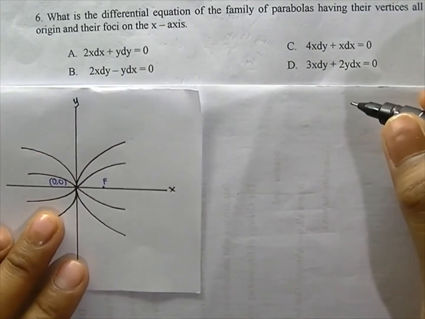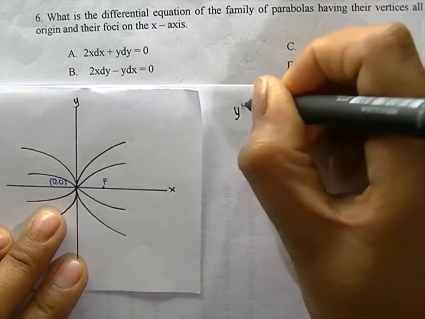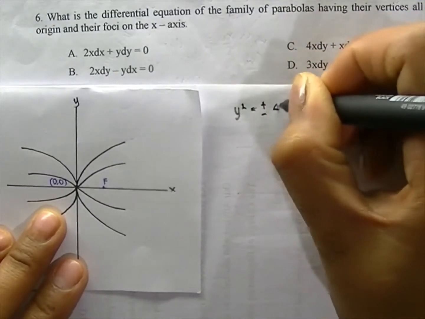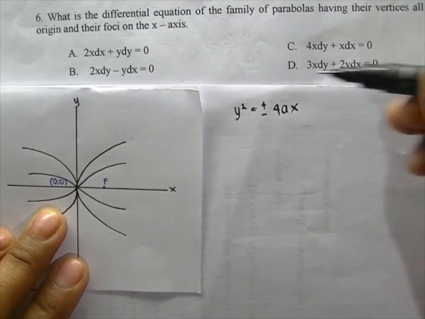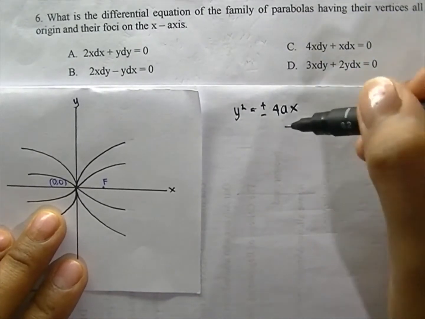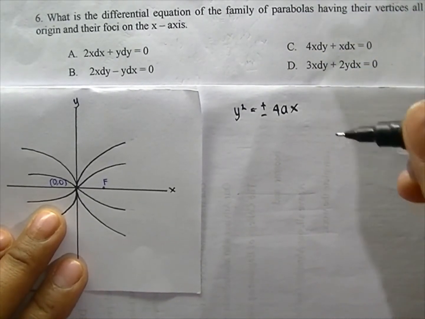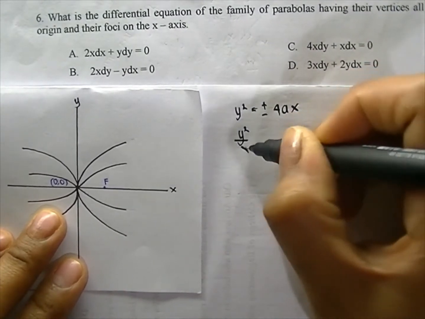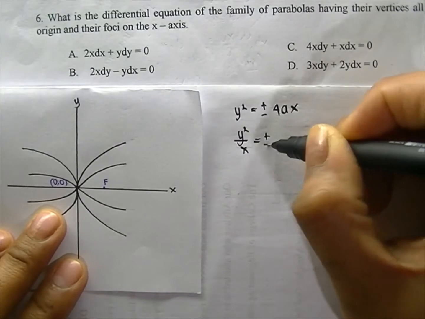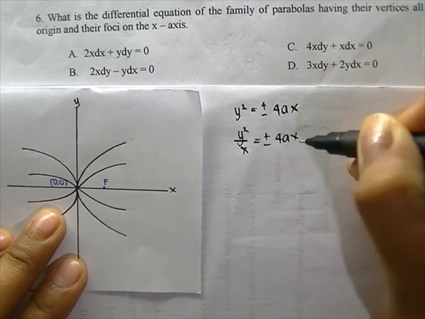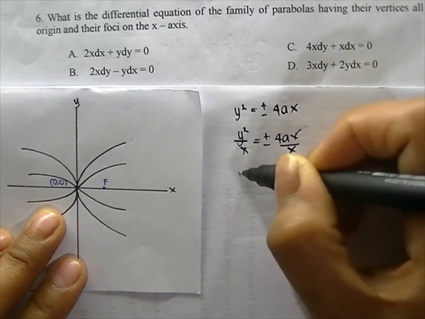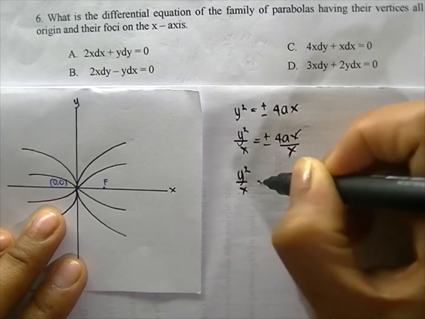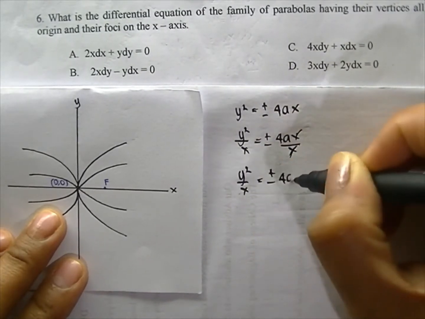So from the equation of parabolas, y squared equals plus or minus 4ax, positive if it opens to the right and negative if it opens to the left. So, multiply by x, we have plus or minus 4a x over x. So y squared over x equals plus or minus 4a.